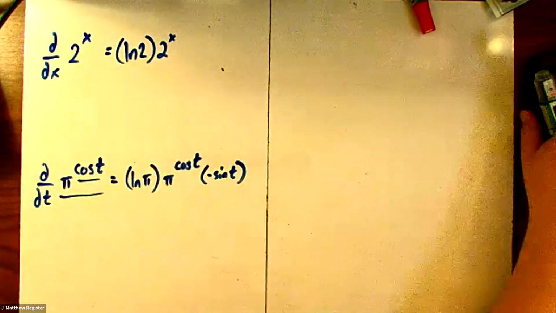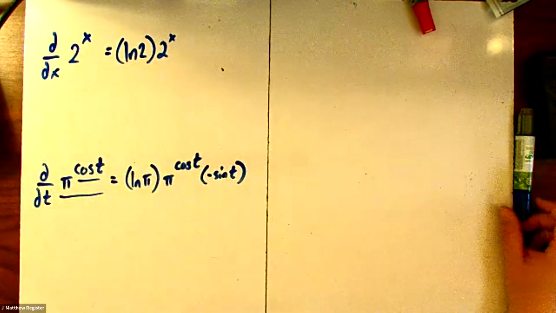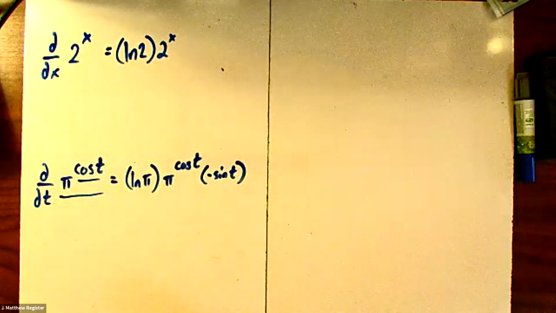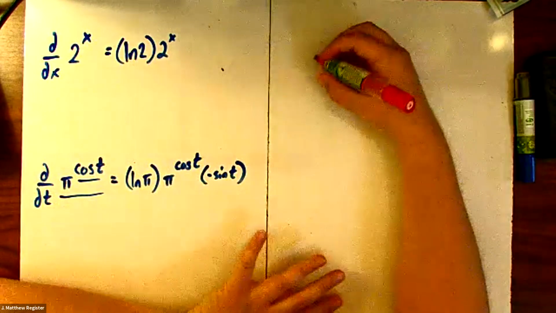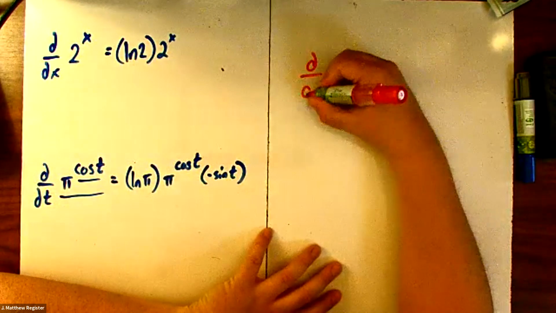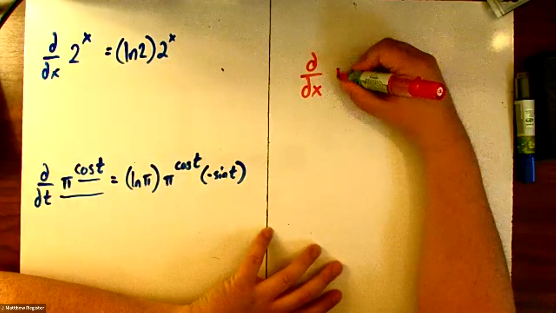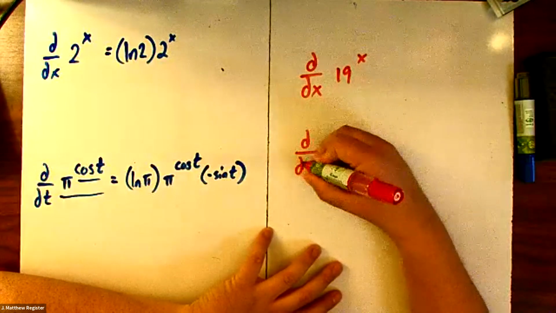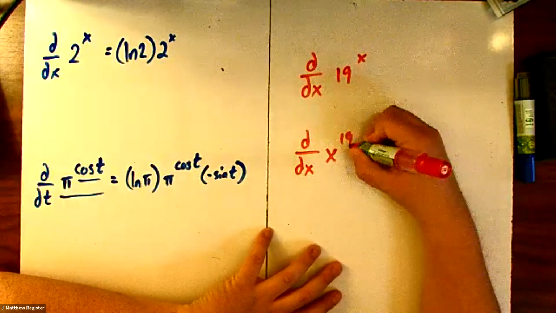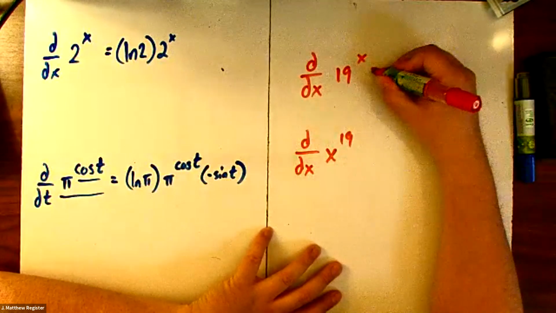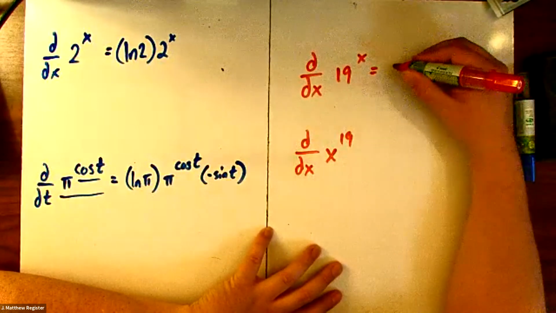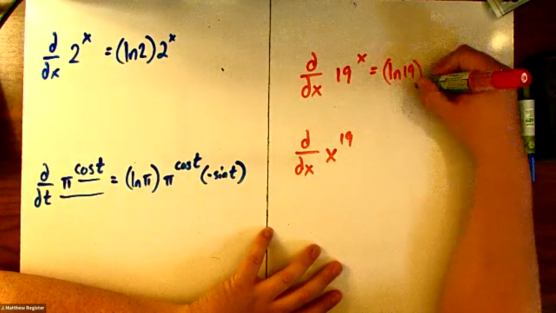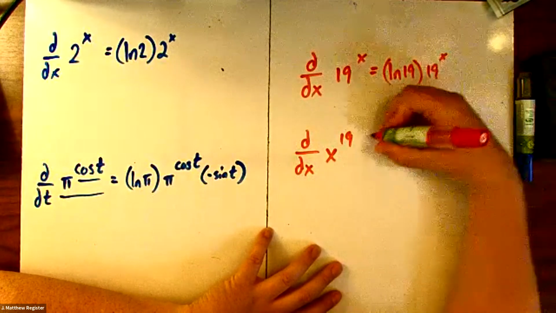This exponent rule or exponential rule, it often messes folks up because when we think about it, we have a different rule for this function, d dx of, let's say, 19 to the x, as opposed to d dx of x to the 19th. The derivative of 19 to the x is going to be equal to the natural log of 19 times 19 to the x.